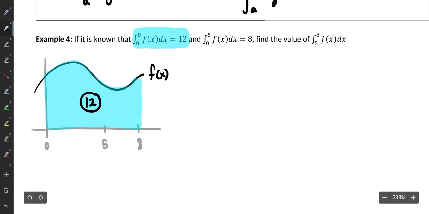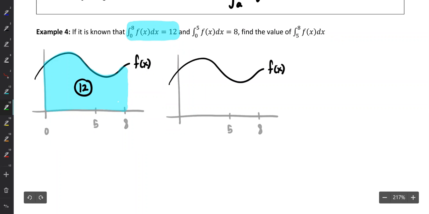We also know, another quick sketch, that the area under the curve from 0 to 5 is 8. So that means we know that this is 8.